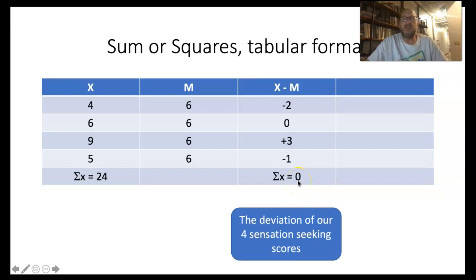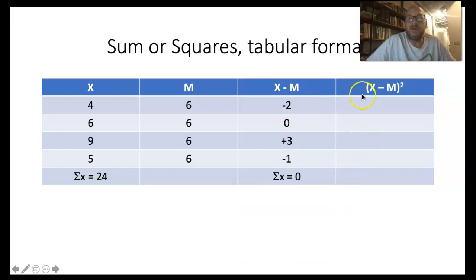And so we have to have some way of creating a column of positive numbers. You could just do absolute value, create a positive number by creating absolute value. But it turns out, for reasons that has to do with calculus, it's easier to square these.